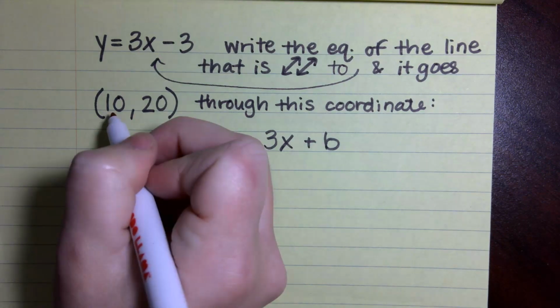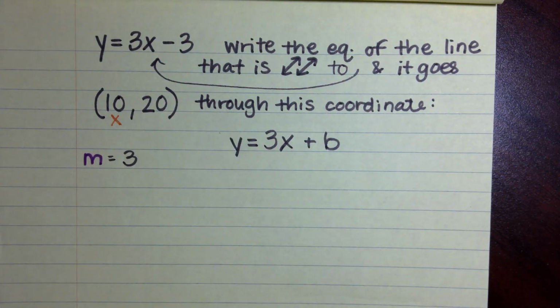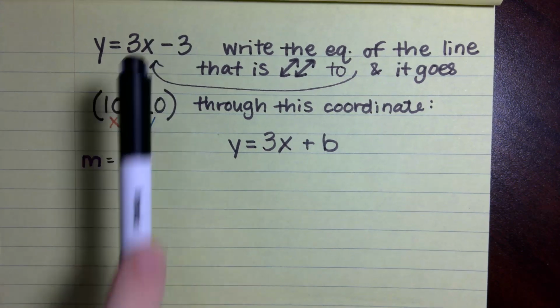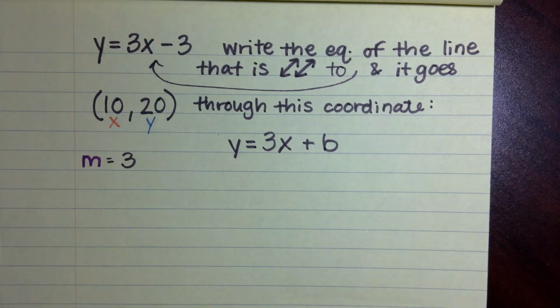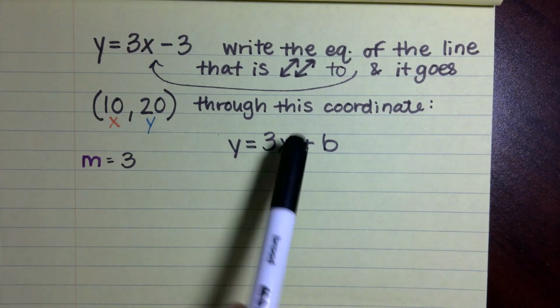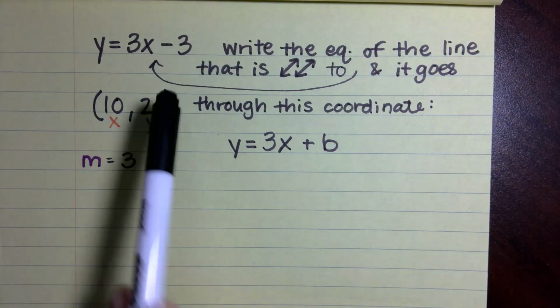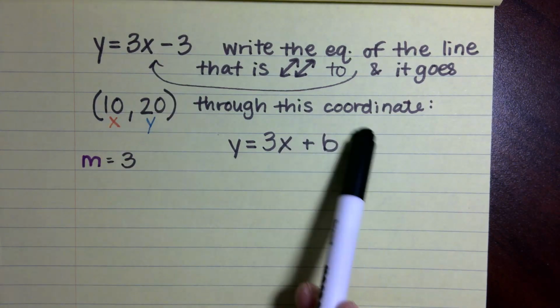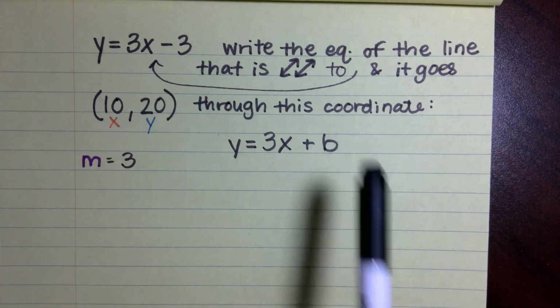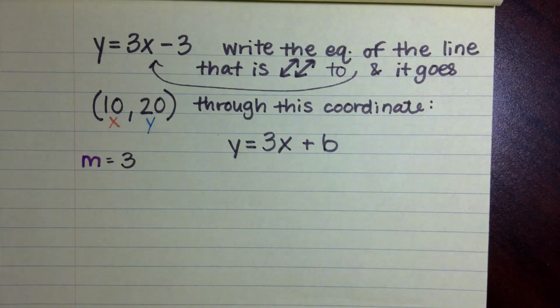Now I'm going to go ahead and label my coordinate. The only difference here with my old equation and my new equation is that I'm going to be plugging in different values for x and y. So I'm going to come up with a different value for b. So let's go ahead and do that.